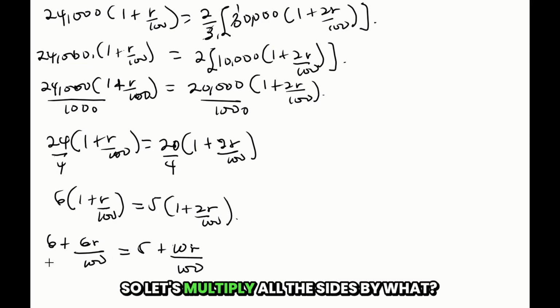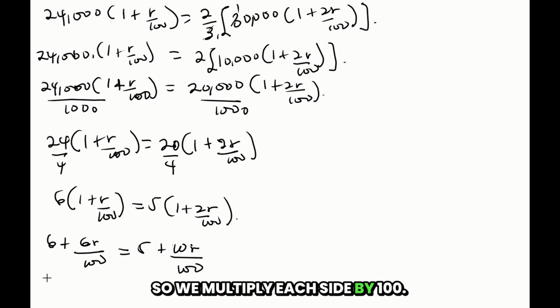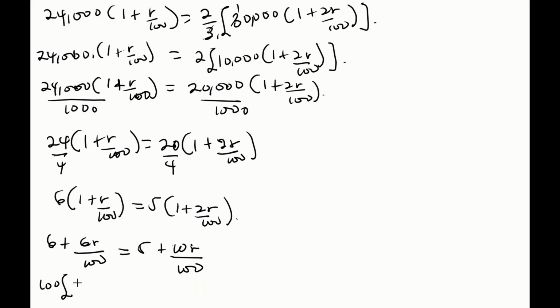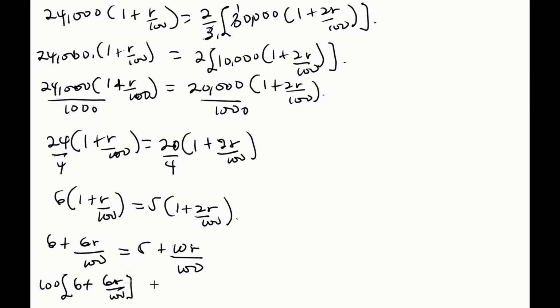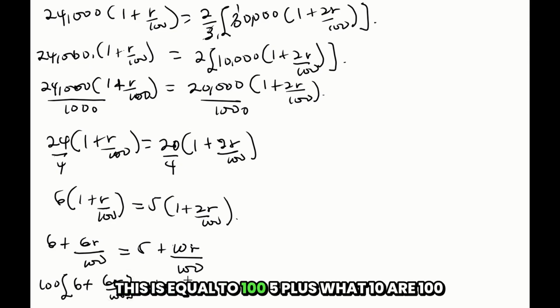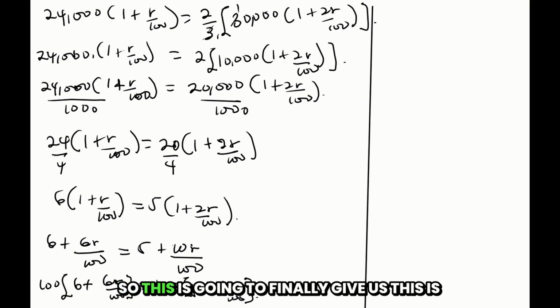So let's multiply all the sides by 100. So we multiply each side by 100. This is 6 plus 6R over 100, this is equal to 5 plus 10R over 100. Okay, let's see what that is going to give us.